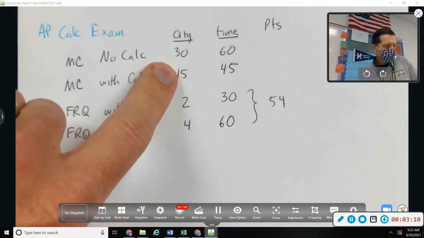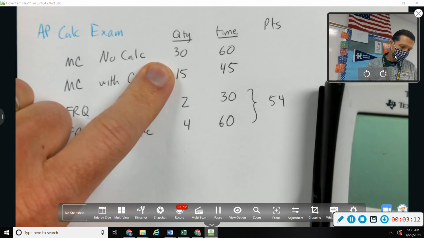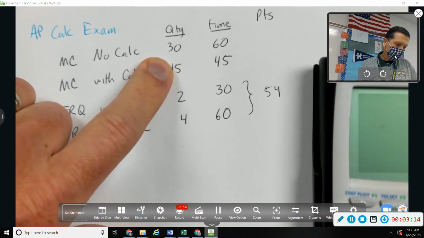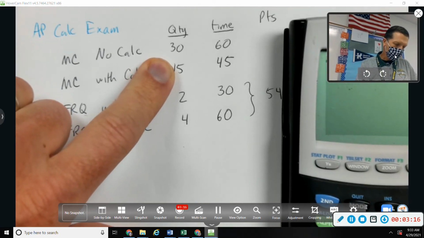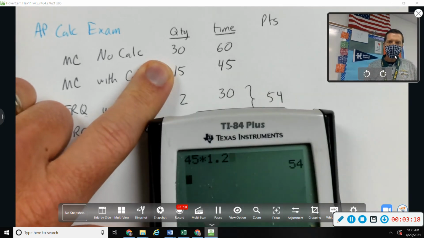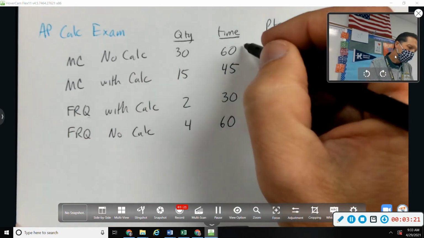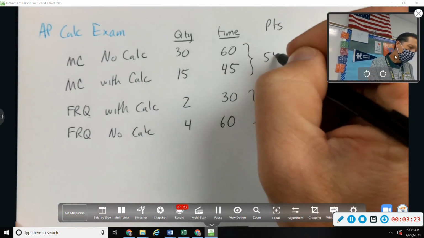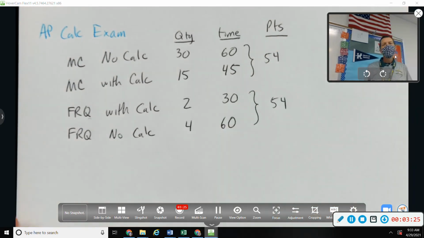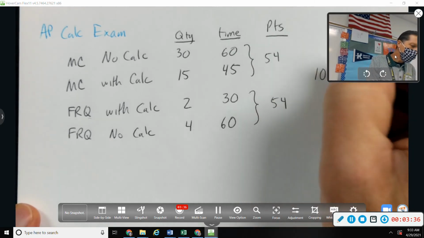Each multiple choice question, so there's 45 of them, they're worth 1.2 if I remember right, because that should make 54. So point-wise, it's divided up evenly between the multiple choice and the free response, so it's equally weighted. And again, it changes every year, so that's 108 total points.